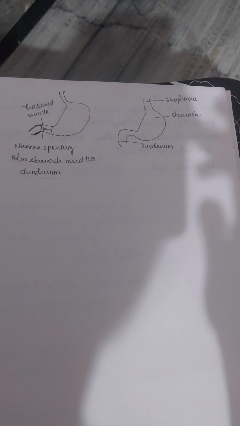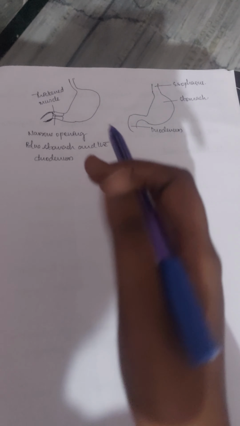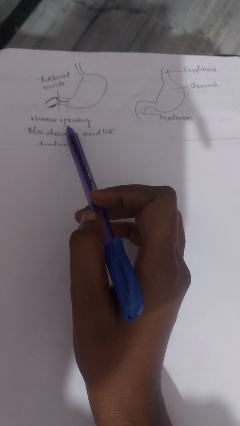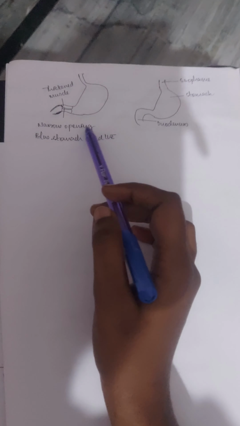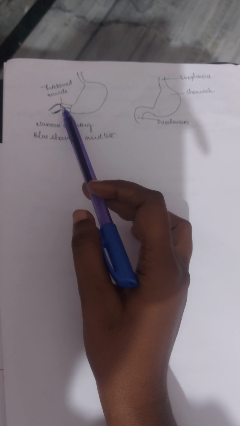Actually, what is this pyloric stenosis? Here you can see the diagram. Pyloric stenosis is nothing but abnormal formation of a narrow opening between the stomach and duodenum.